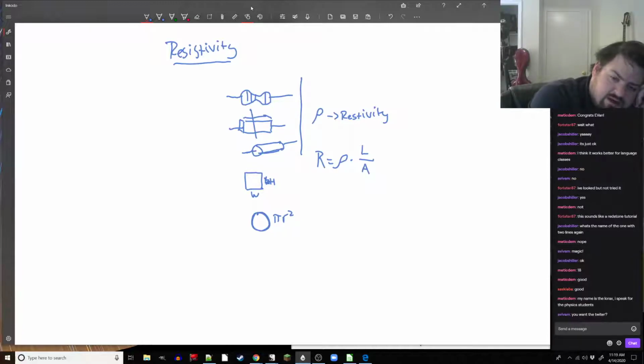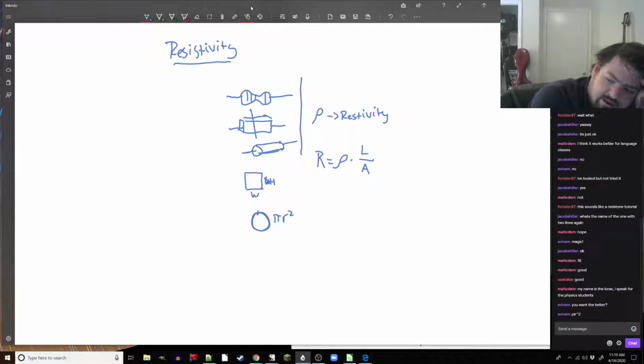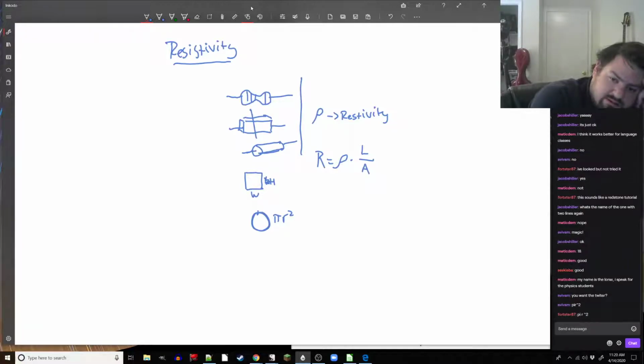Right, so unless I state otherwise, we're going to assume a cylindrical geometry for most of these. So the area, A, of this resistor cross-section is pi r squared. Thank you, Aviva. And then the length is just how long it is. I'll call it a script L there. Good.